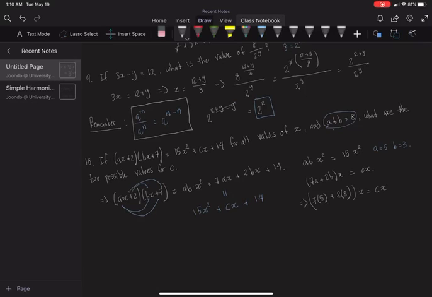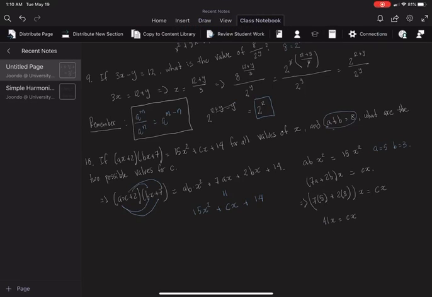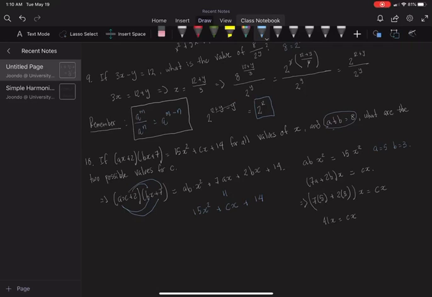So here we have 41x equals cx. We divide everything by x, and then we have c is equal to 41.